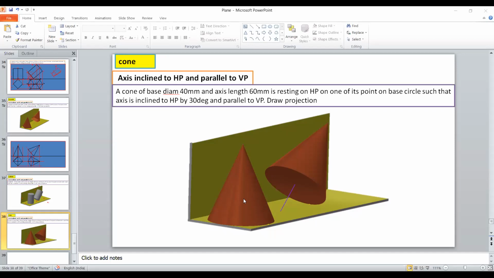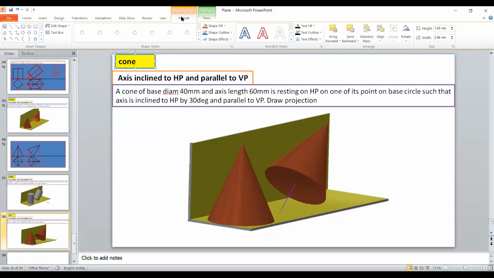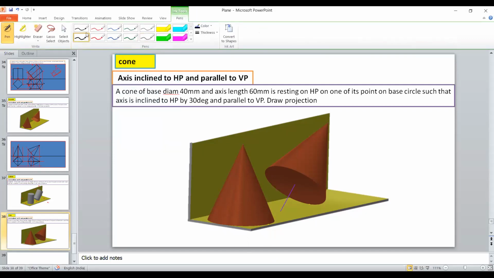As the given cone is resting on the HP, we have to assume in the first stage the complete base circle of that cone is resting on the HP such that the axis is perpendicular to the horizontal plane and parallel to the vertical plane. This is the first stage. In the second stage, rotate this and make the axis inclined to the horizontal plane by 30 degrees.